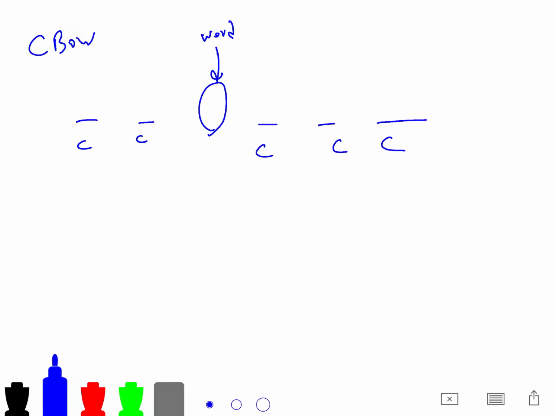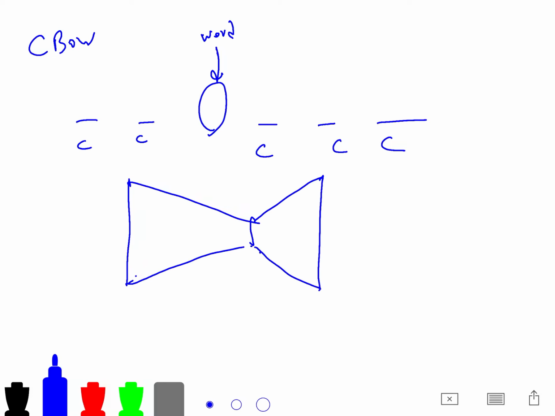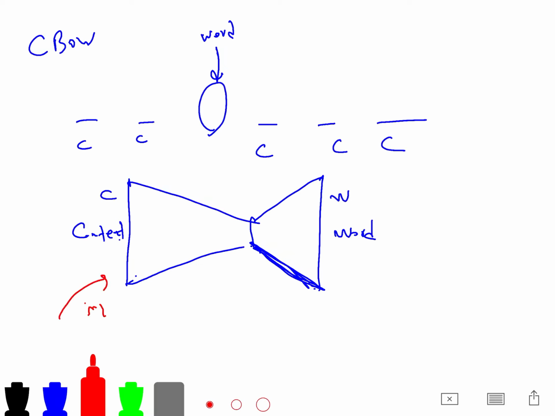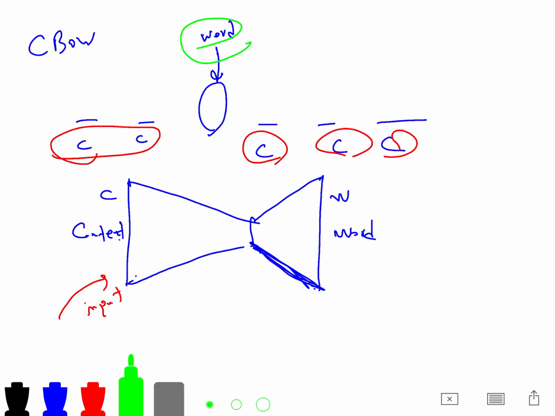You have context. So the architecture is like this. It may remind you of the encoder-decoder network. So it is a word, but here is a context. So context C and word W. So your input is just these contexts, and you want to predict the word.